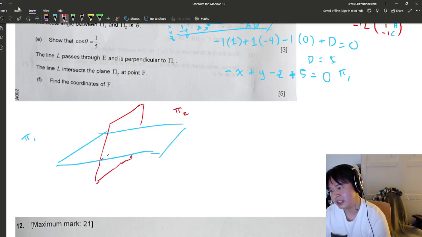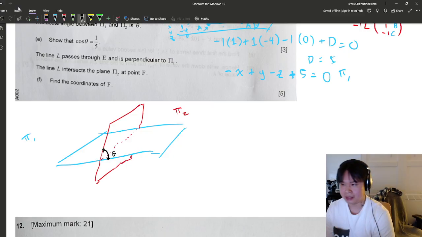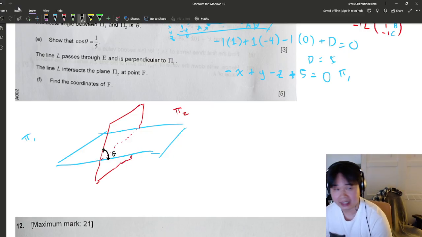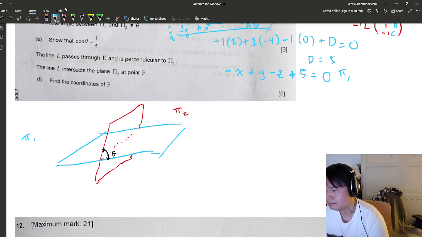And then they're going to intersect like that, let's say. And then of course they have an angle between them. And then, just geometrically speaking, they each have their own normal vectors. Okay, I'm going to draw it disconnected from the plane.